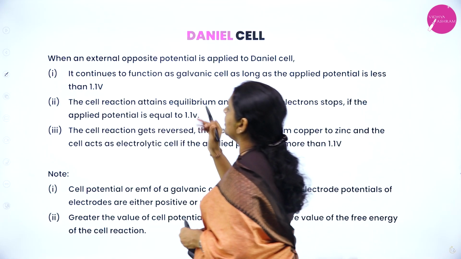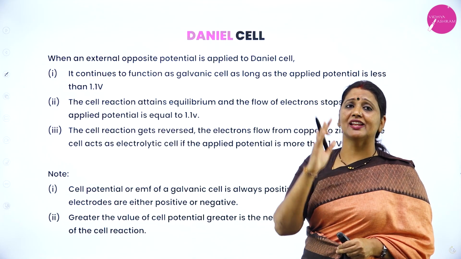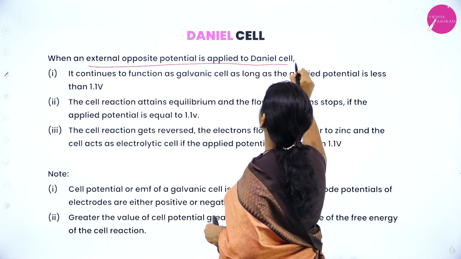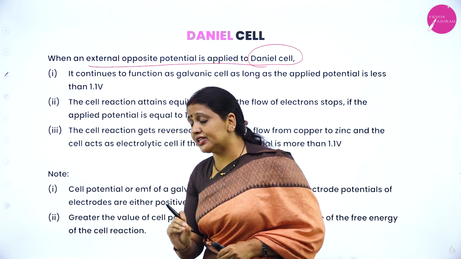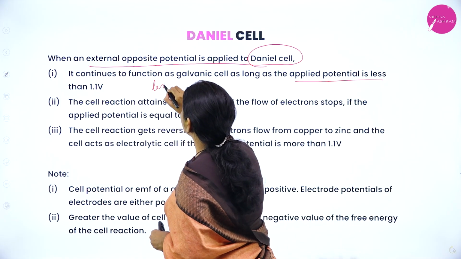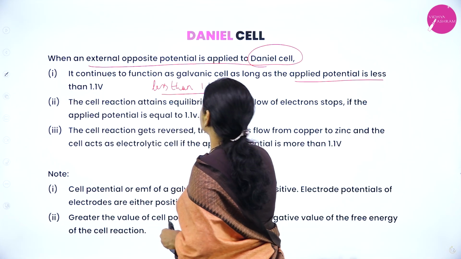When an external opposite potential is applied to the Daniell cell, it continues as a galvanic cell when the external potential value is less than 1.1 volt.